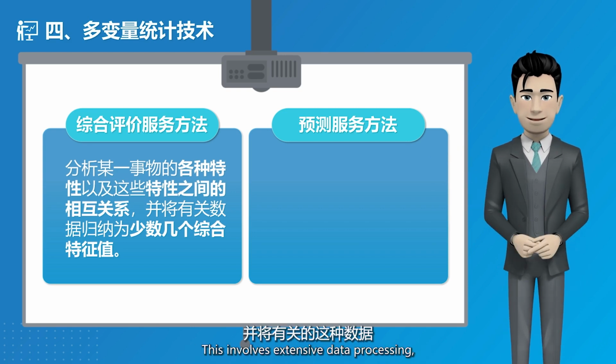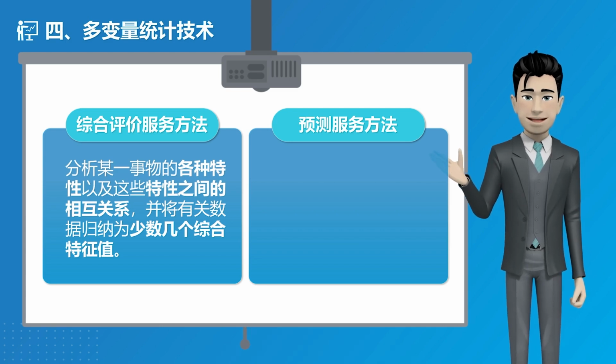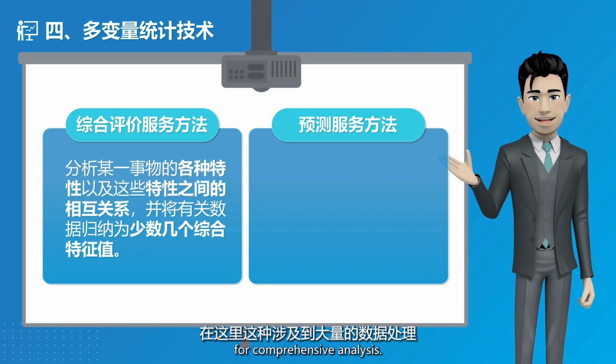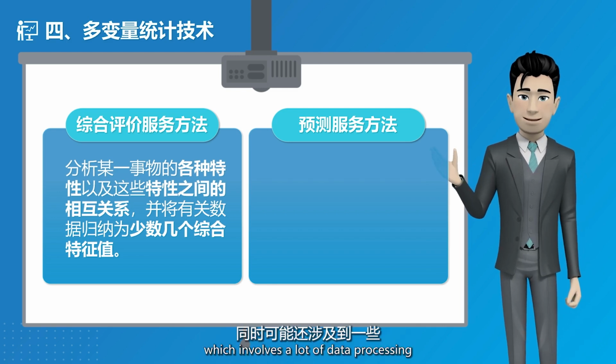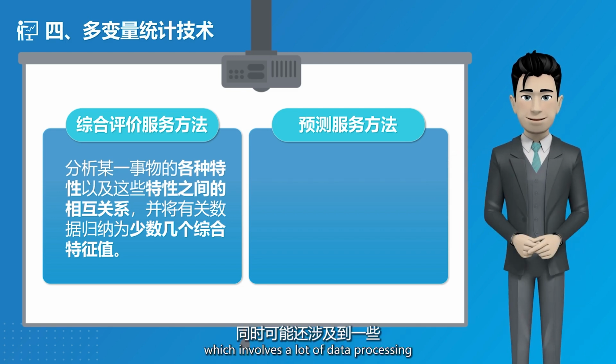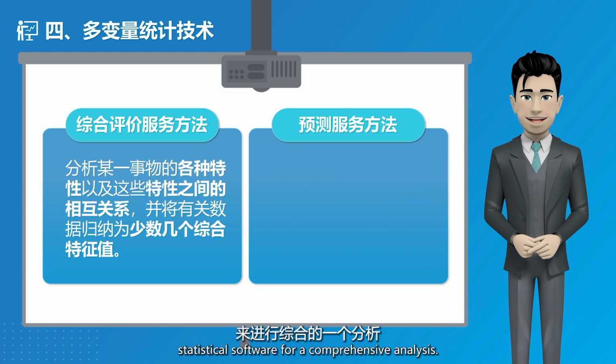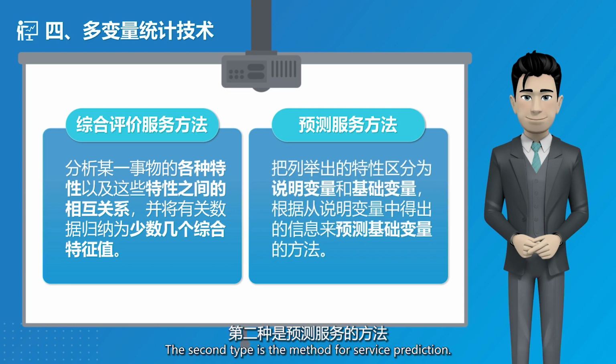This involves extensive data processing and possibly the use of statistical software. The second type is the method for service prediction.